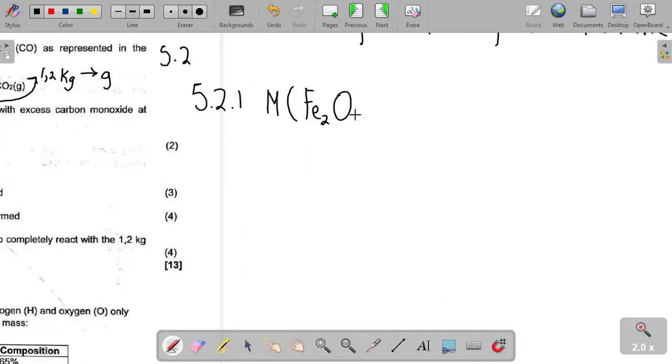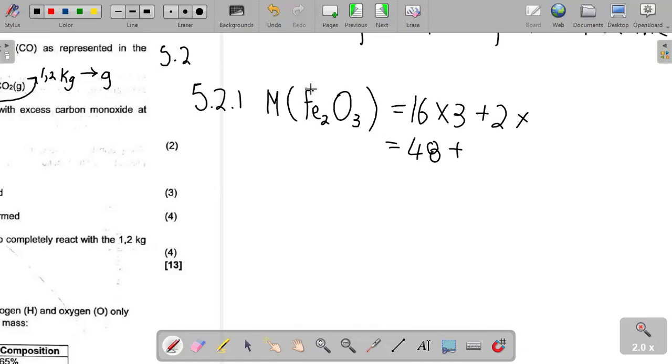We should go to the periodic table. For oxygen, it's going to be 16 multiplied by 3, which is going to be 48, plus, and then 2 multiplied.